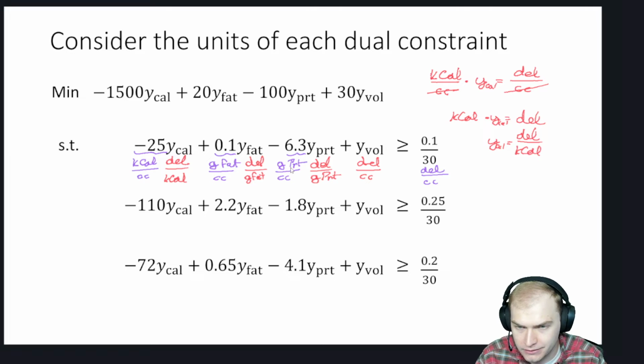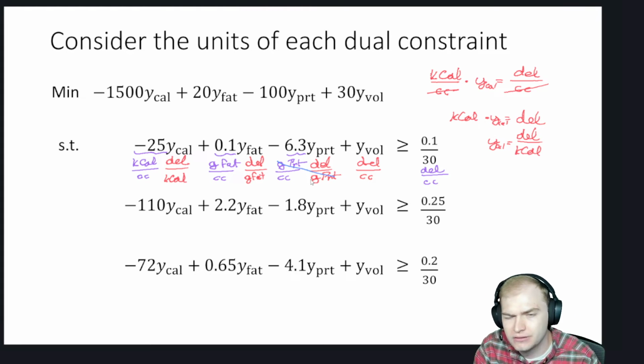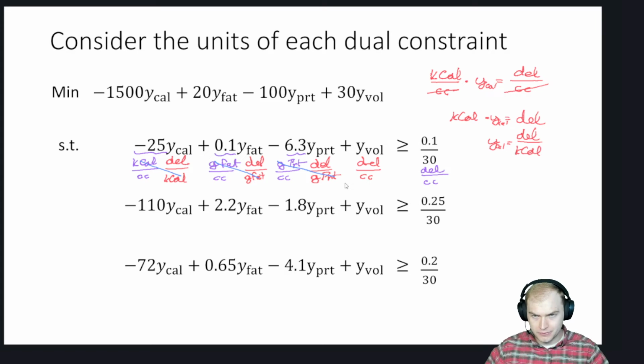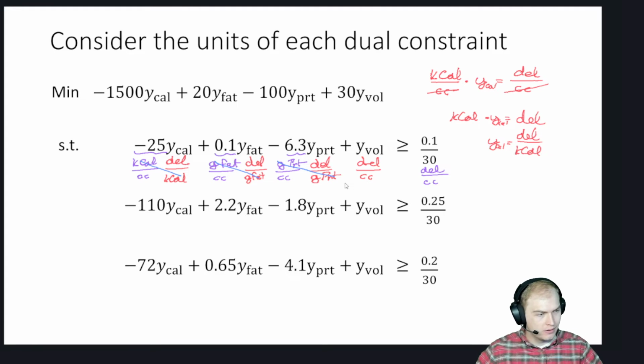We can see that by cross multiplying: the grams of fat, kilocalories, and grams of protein all cancel out, and we're left with deliciousness per cubic centimeter on the left-hand side. Which is what we wanted.